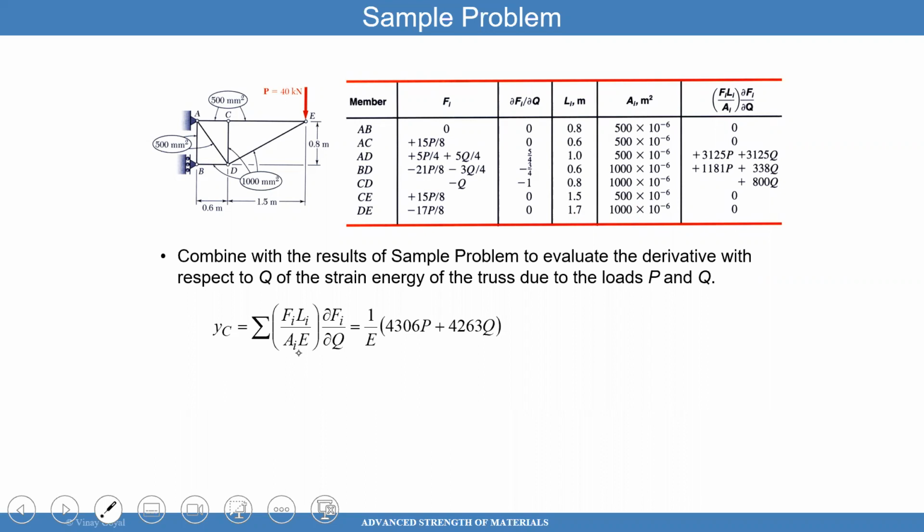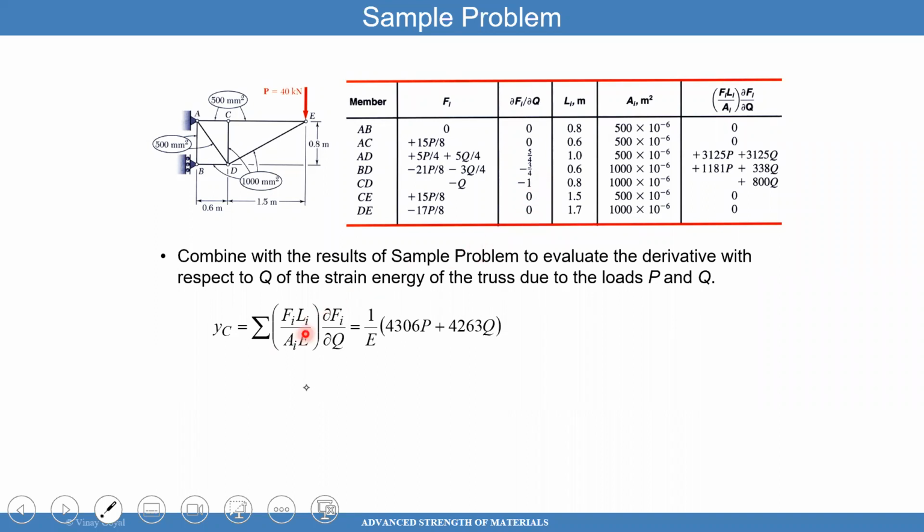So the partial of all that gives you FL over EA, the 2 cancels out, because F squared gives you 2F. And then the partial of F with respect to Q, we already calculated in this column. Do you follow it?